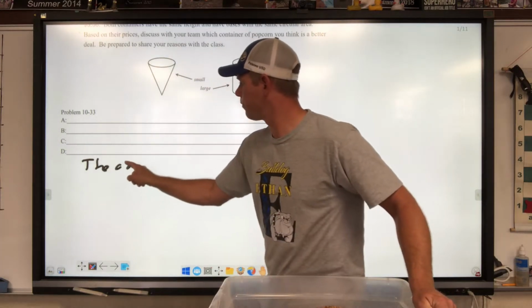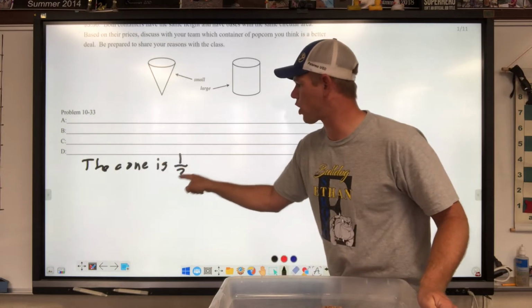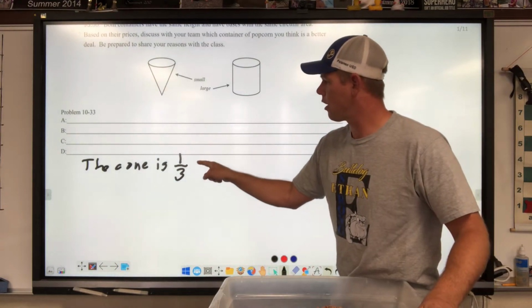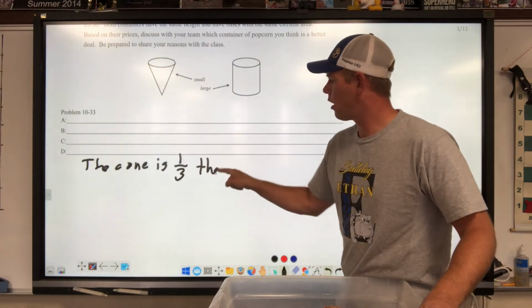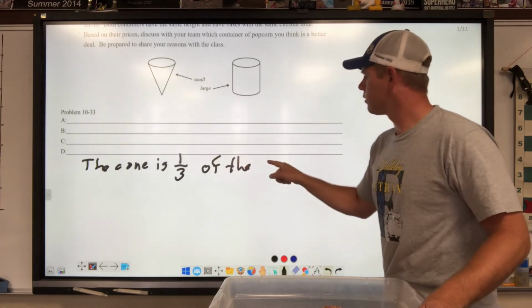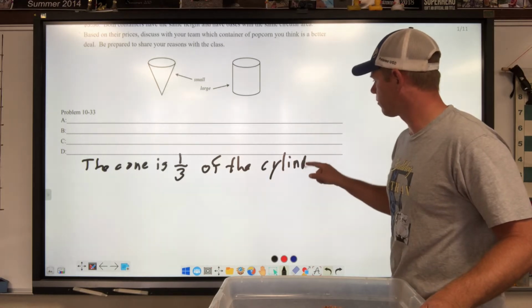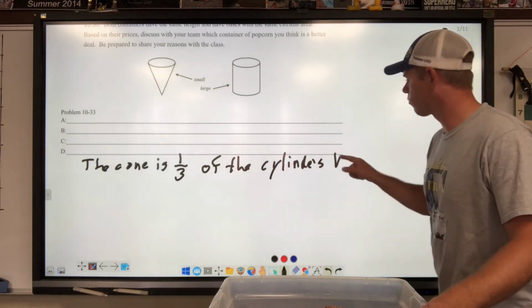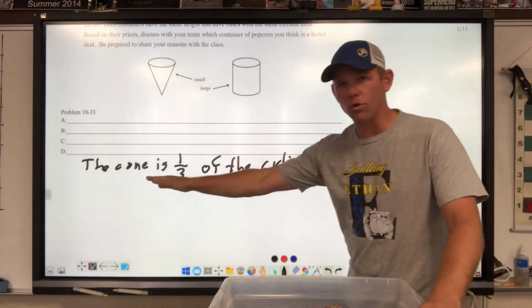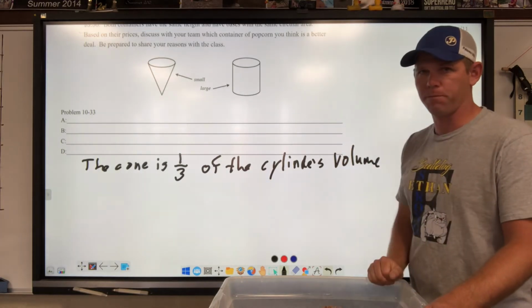The cone is 1/3 of the cylinder's volume.